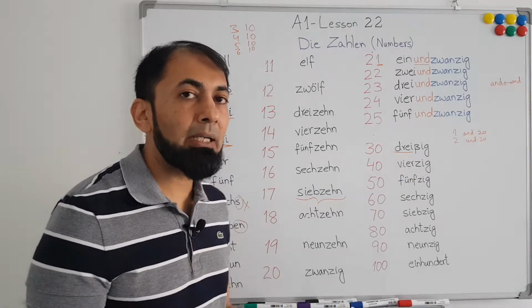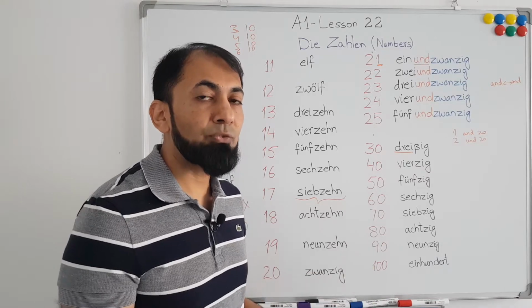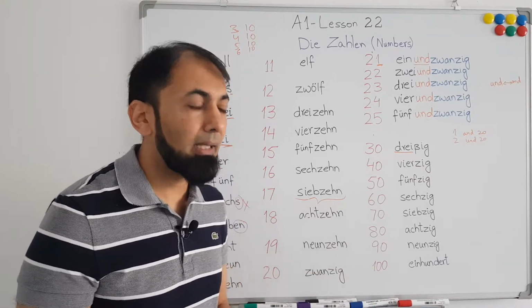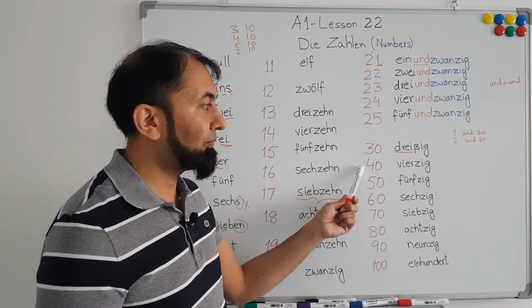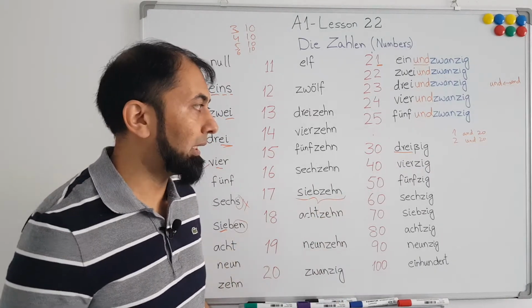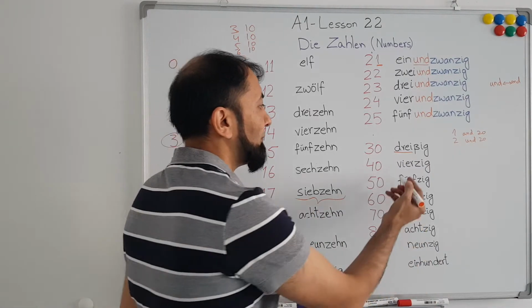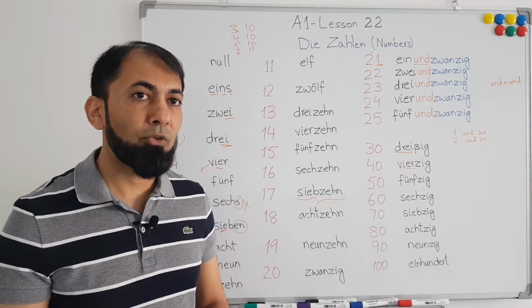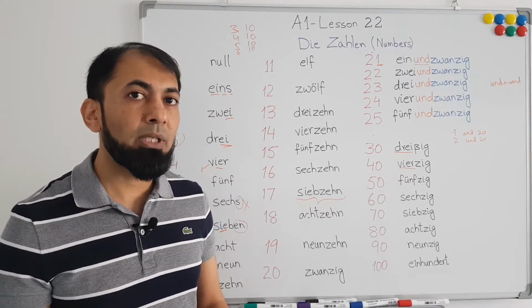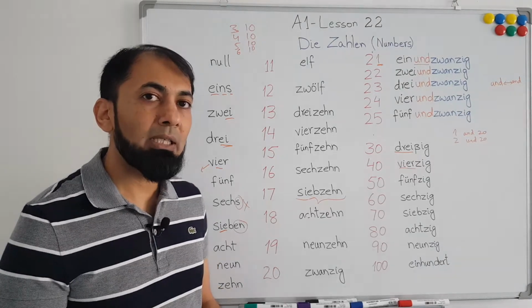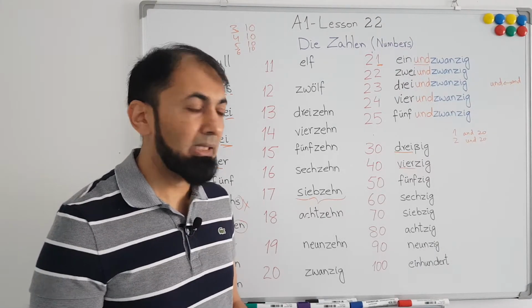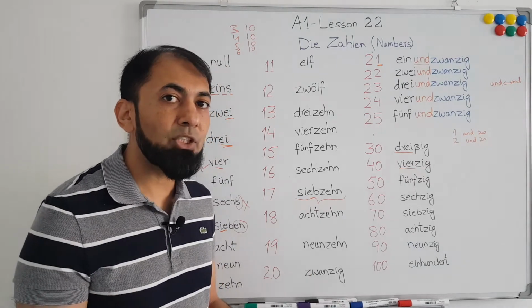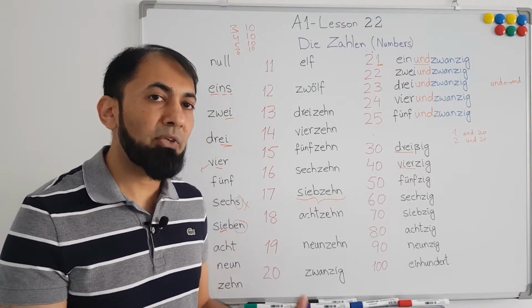And same until 39, which will be neun und dreißig. Then comes 40, vierzig. 41, ein und vierzig. 42, zwei und vierzig. 43, drei und vierzig. Until 49, which is neun und vierzig.